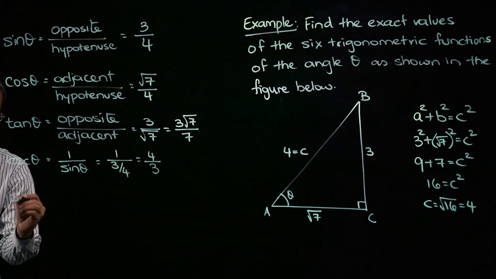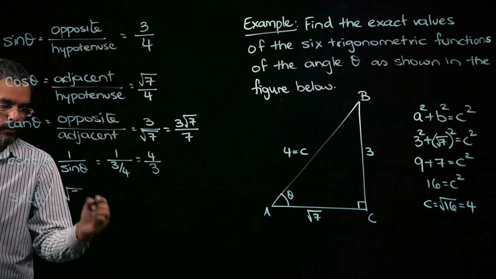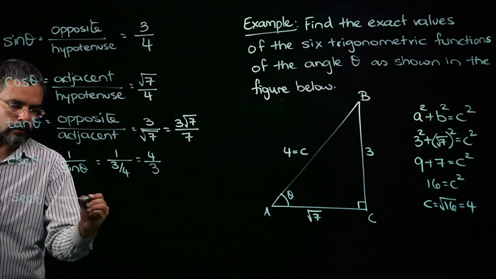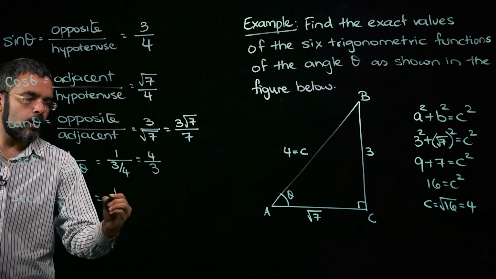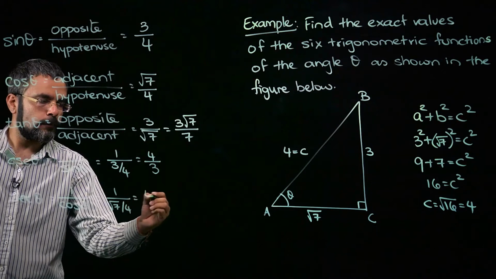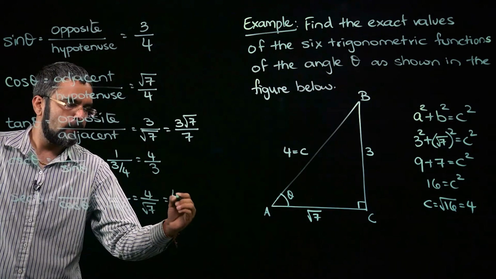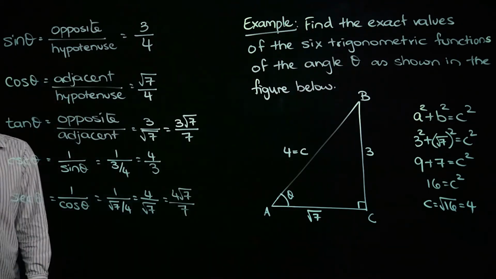Then secant theta, which is 1 over cosine theta. And we know that is going to be 1 over root 7 over 4, which is 4 over root 7. Or, again, I can write this as 4 root 7 over 7.